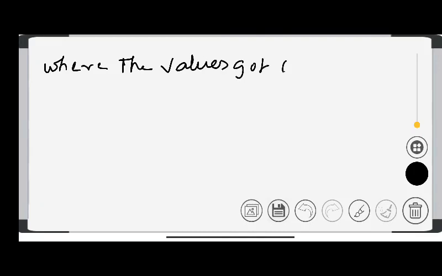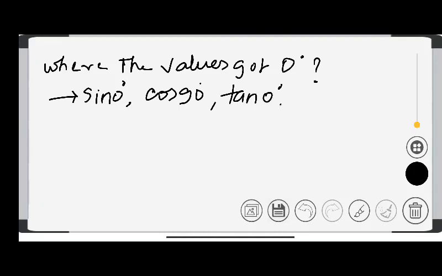Remember a condition arises here. What is that? Where the values got 0 degree. Where would you find 0 degree? I found sine 0 degree, and then I found cos 90 as 0, and tan 0 is 0, and cot 90 is 0.